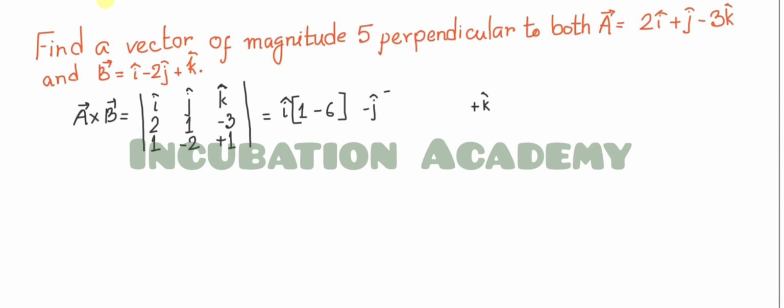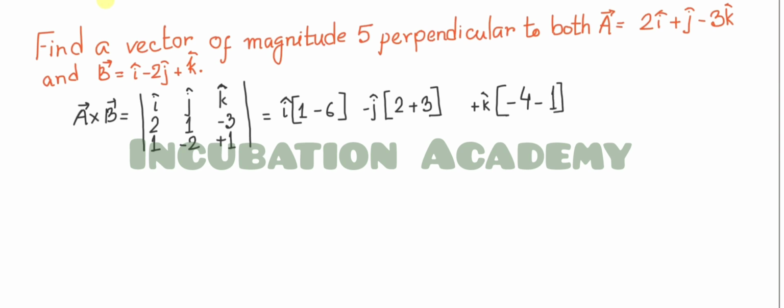The j cap is 2 into 1, that is 2, minus 1 into minus 3 is minus 3, so minus of minus 3 becomes plus 3, so it becomes 2 plus 3. And for the k cap, 2 into minus 2 is minus 4, minus 1 into 1 is plus 1, so minus 4 minus 1.